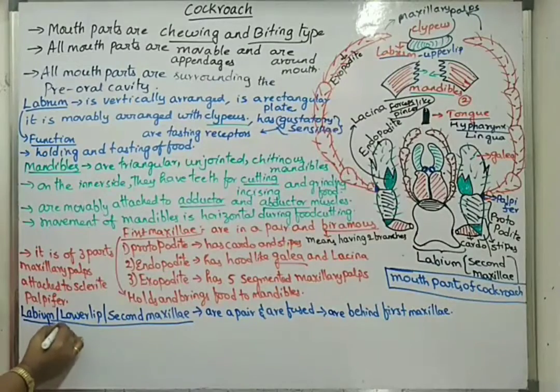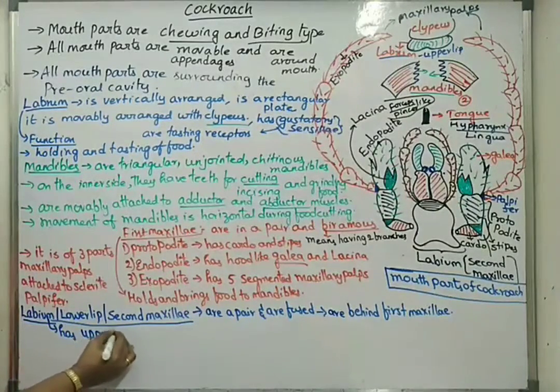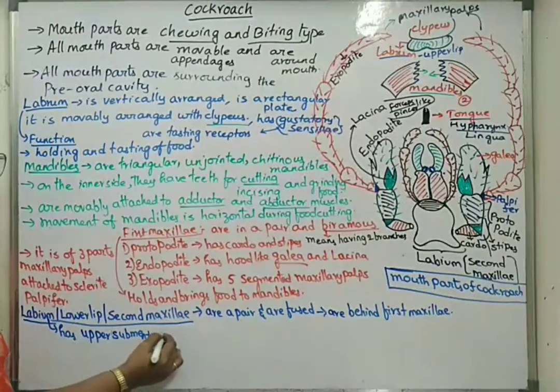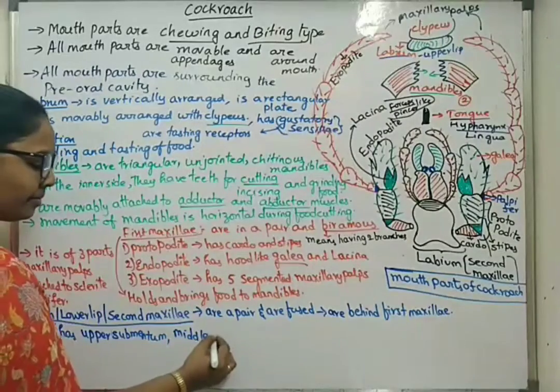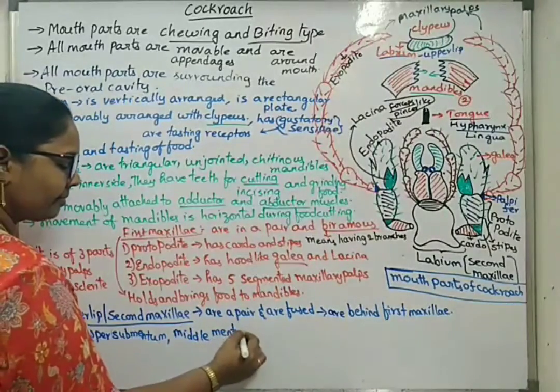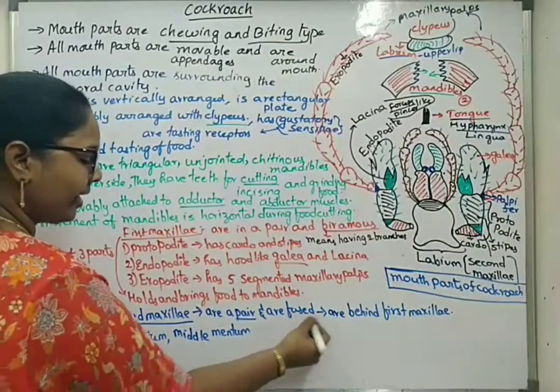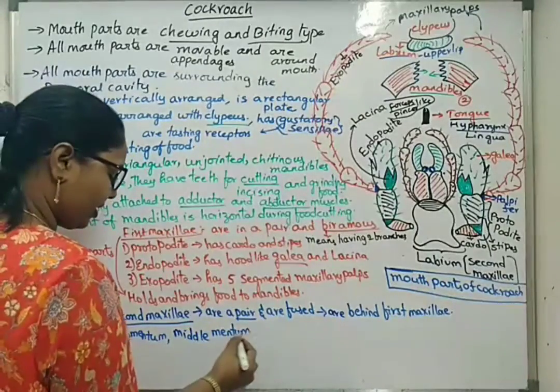So this labium has upper submentum, middle mentum. These are all parts. We said here paired and fused. So what are these paired structures?